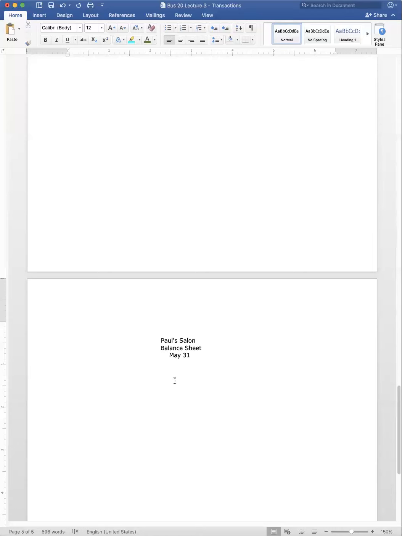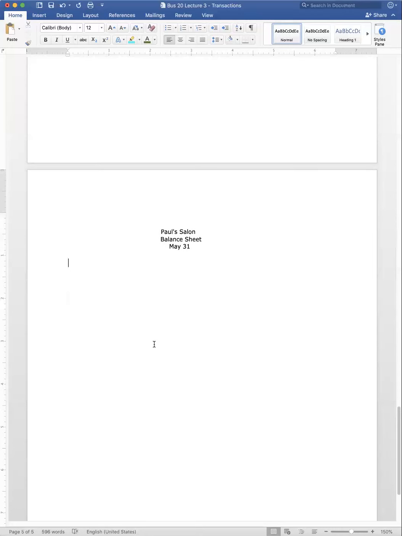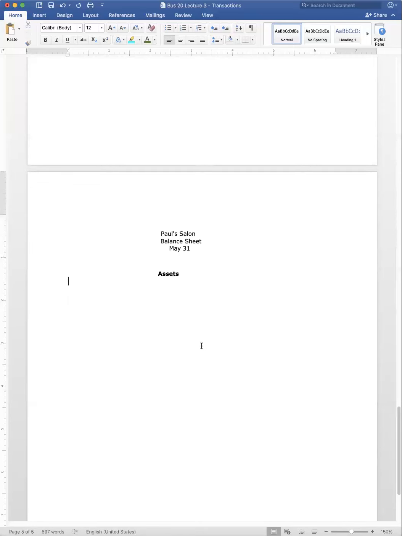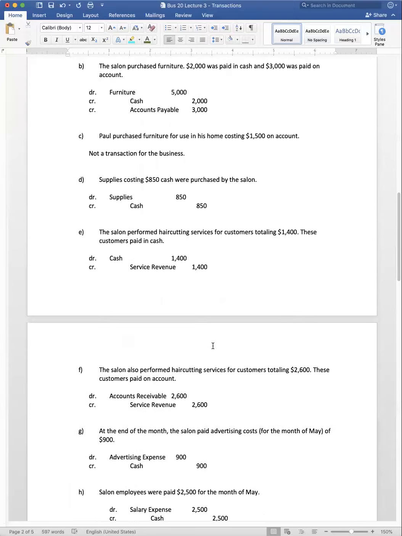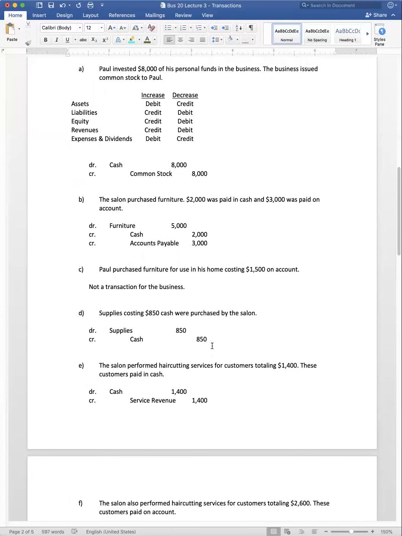All right, now, what goes on the balance sheet? Assets, liabilities, and equity. All right, so we're going to start here with assets. Okay, so what assets does the company have? Well, got to go back and look. What assets does the company have?